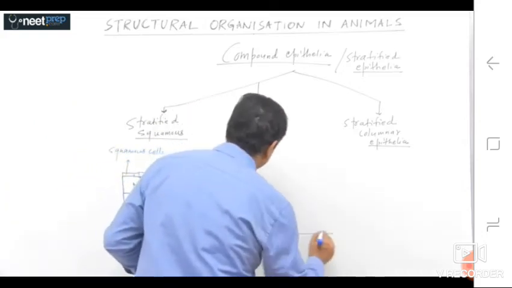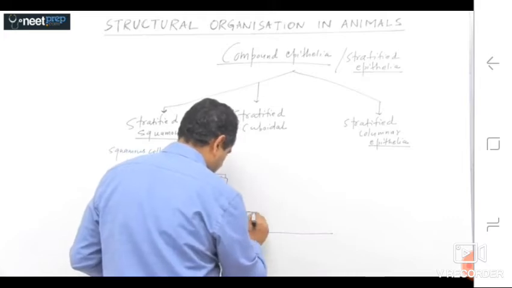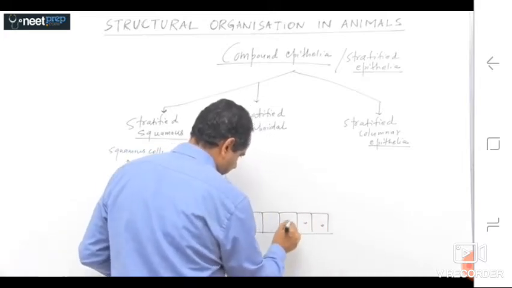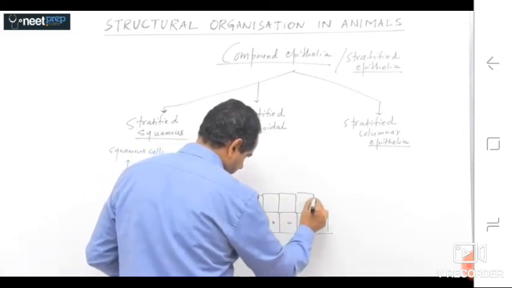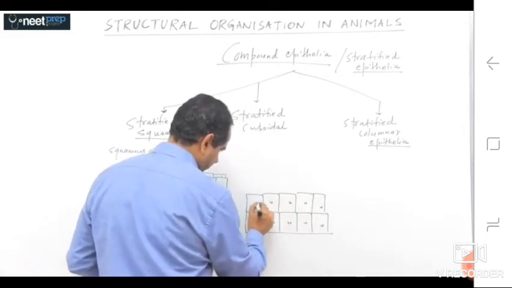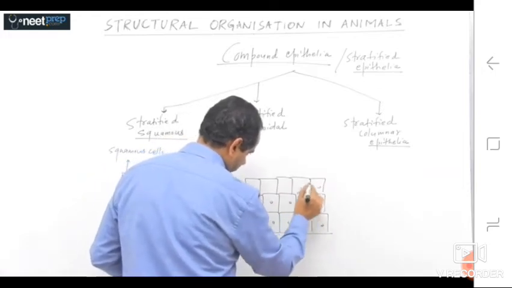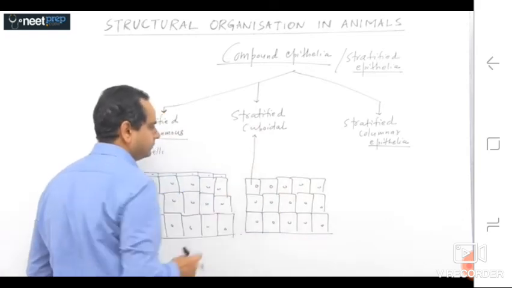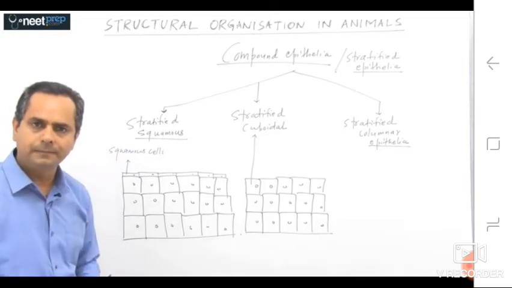If we talk about stratified cuboidal, wait here, this is the structure like this. The apical layer remains cuboidal. So this is the part of stratified cuboidal epithelia.